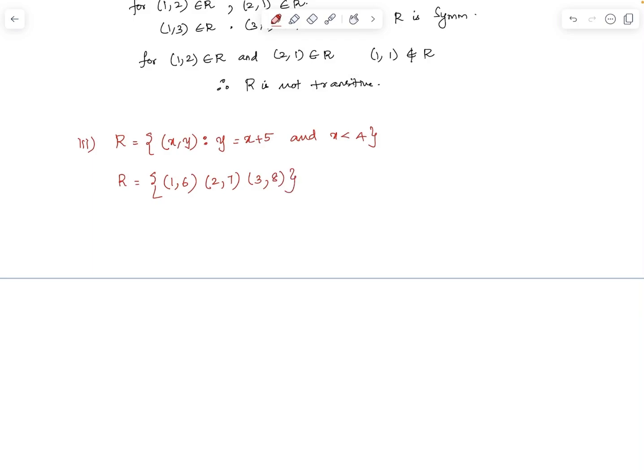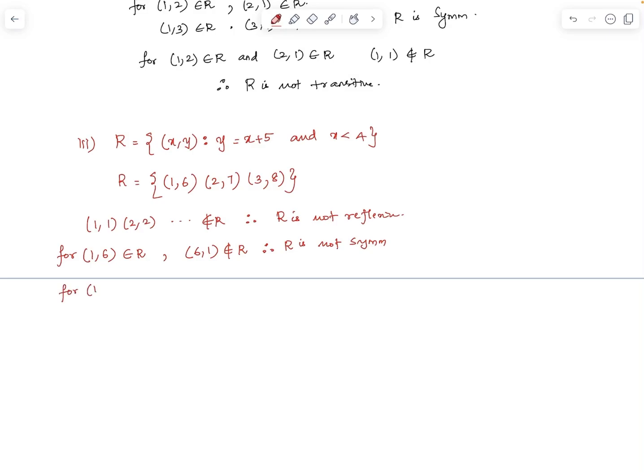R is defined on set N. (1, 1), (2, 2), etc. are not there in R. Therefore, R is not reflexive. For (1, 6) in R, we don't see a (6, 1) in R. Therefore, R is not symmetric. Now let's check whether R is transitive.